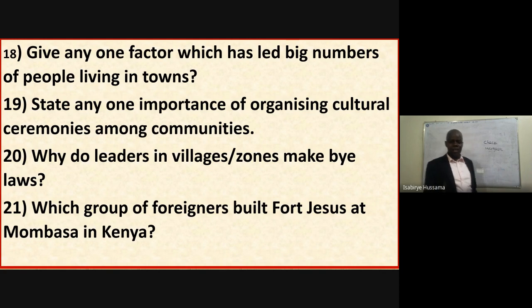Okay, let's move on. We have factors that can contribute to population increase in a given country, in a given area, in a locality. These are some of the factors. We talk about polygamy, the culture of polygamy. We talk about early marriages.